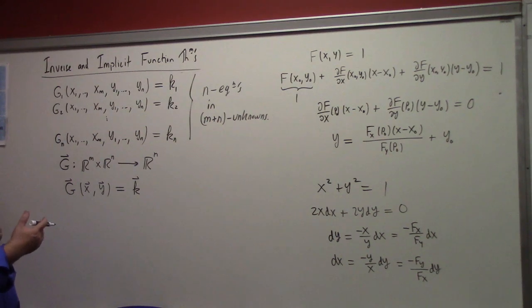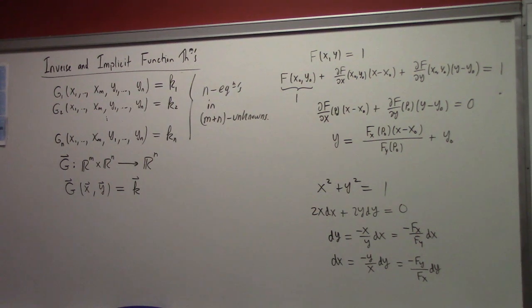If you have n equations in m plus n unknowns, you kind of expect that your solution set has m degrees of freedom. If the equations are genuinely independent, you'd expect m degrees of freedom, m as in mommy.